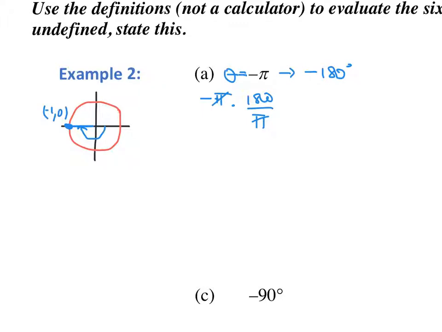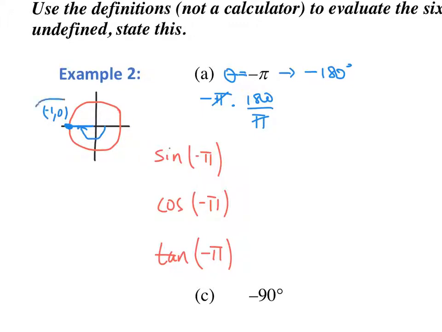I am going to do sine first. I just like to do that first. Then cosine, then tangent. Sine is which value, the x or the y? The y. So what's the y value at negative 1 comma 0? 0.